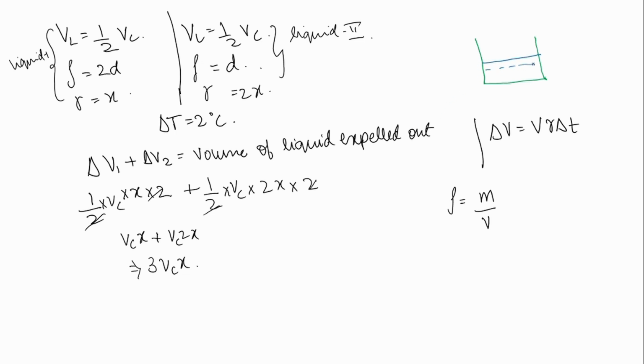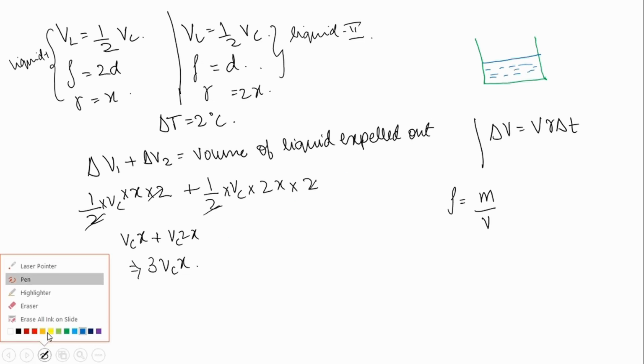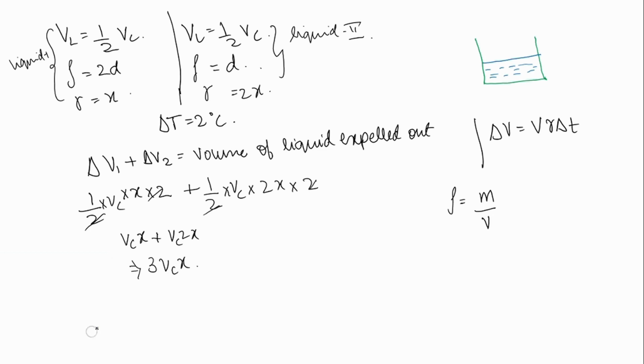So this much is filled by liquid 1 and the rest half is filled by liquid 2. This is the volume for liquid, this much is filled by liquid 2 and this is filled by liquid 1.